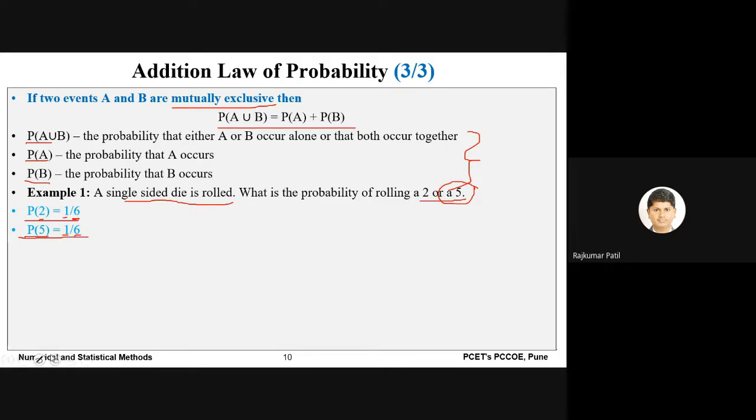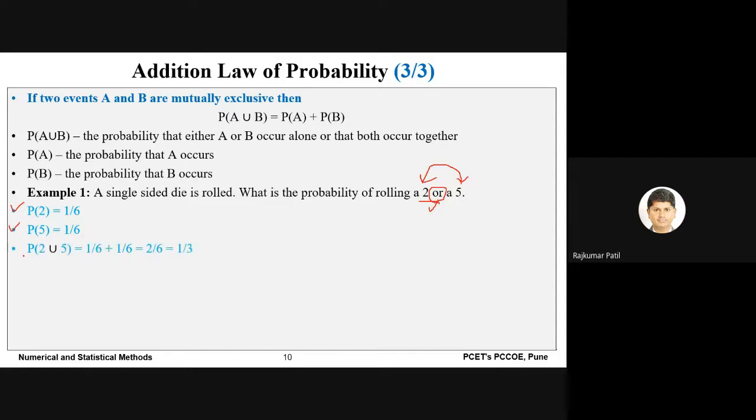Now when we look at the question, it is something different. We are interested in the probability of rolling a 2 or 5. This "or" is very important. So we have to calculate the joint probability. We calculated the individual probabilities, but now we calculate the union of these two, that is the probability of 2 union 5.